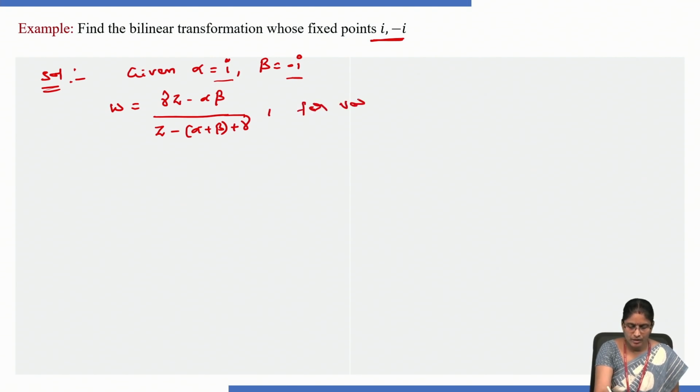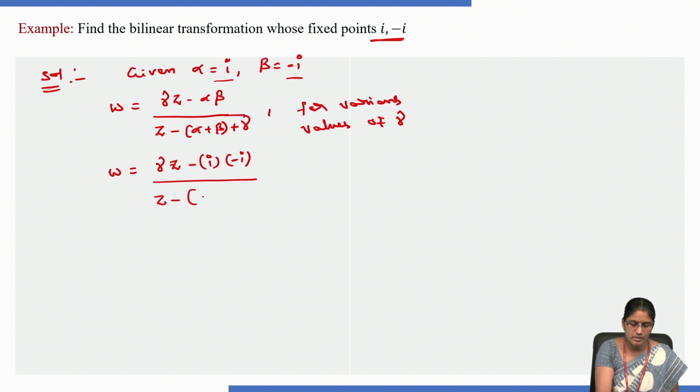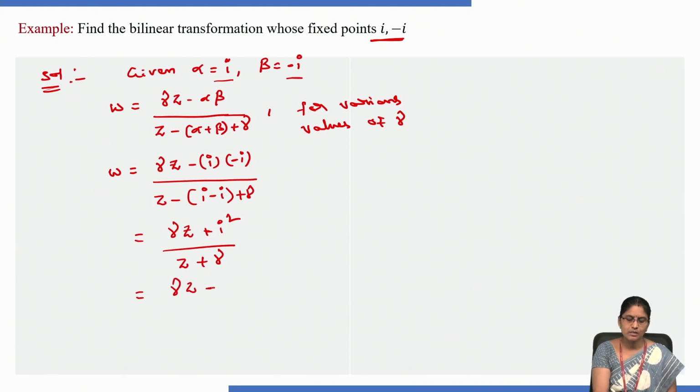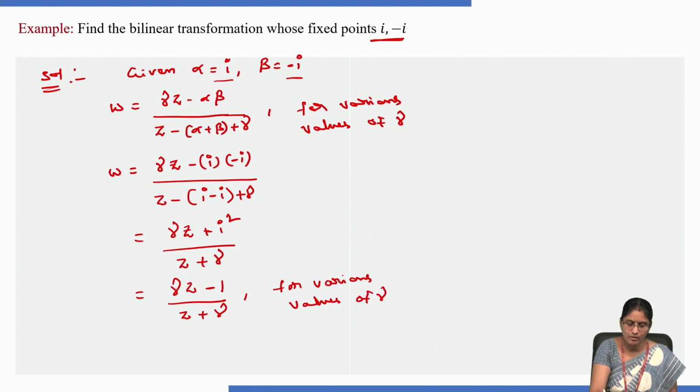For various values of gamma, w is equal to (gamma z minus (i)(minus i)) by (z minus (i minus i) plus gamma), that is gamma z minus of minus, here we get plus i square, by z plus gamma, which is gamma z, i square is minus 1, by z plus gamma, for various values of gamma.